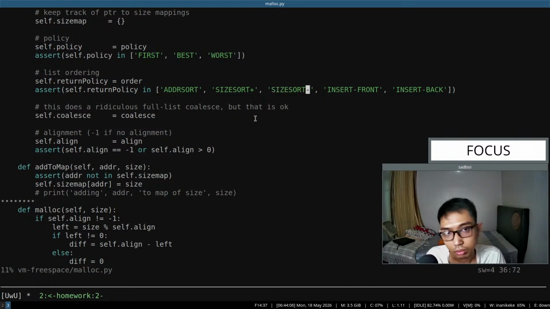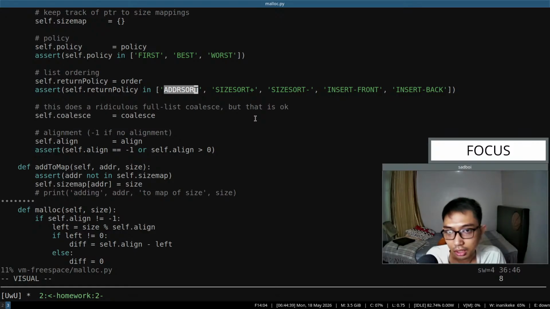I am assuming the negative means ascending, and the plus means descending from the big size to the small size, maybe. Yeah, I'm still not sure.